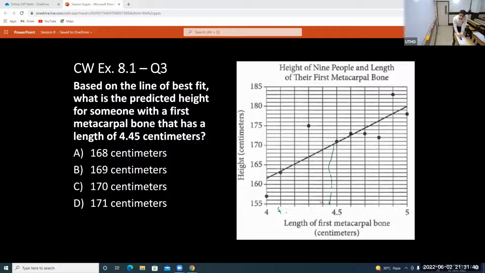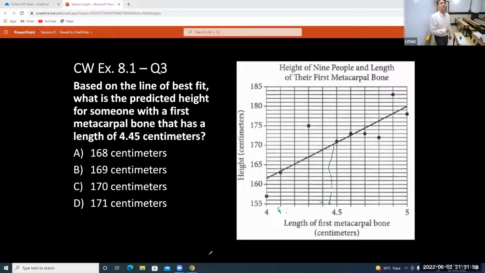My mouse is like a very crooked line. But अगर आप बनाओगे, you will see that for sure this is touching somewhere in between. So this is 170. It is not 168 or 169. 171 तो बिल्कुल भी नहीं है क्योंकि 171 तो 4.5 पे आ रहा है.